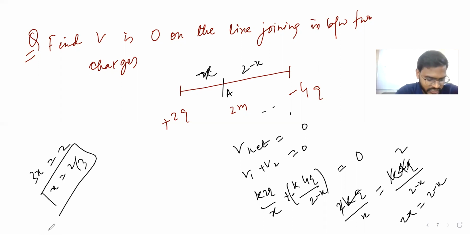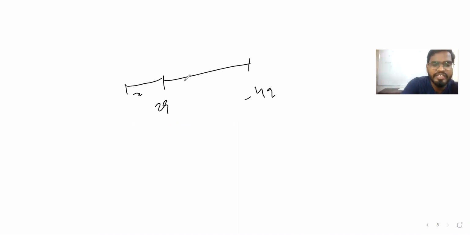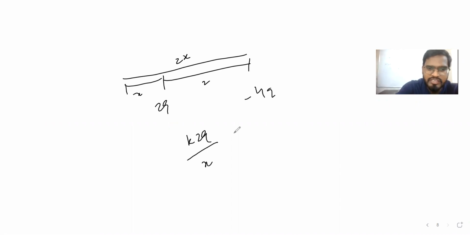Now one can be outside, near the charge which has less magnitude. Let's see how. Suppose this is 2q and this is minus 4q. Let's take a point somewhere here. This distance is going to be 2 plus x. Again K 2q by x is equal to K 4q by 2 plus x.